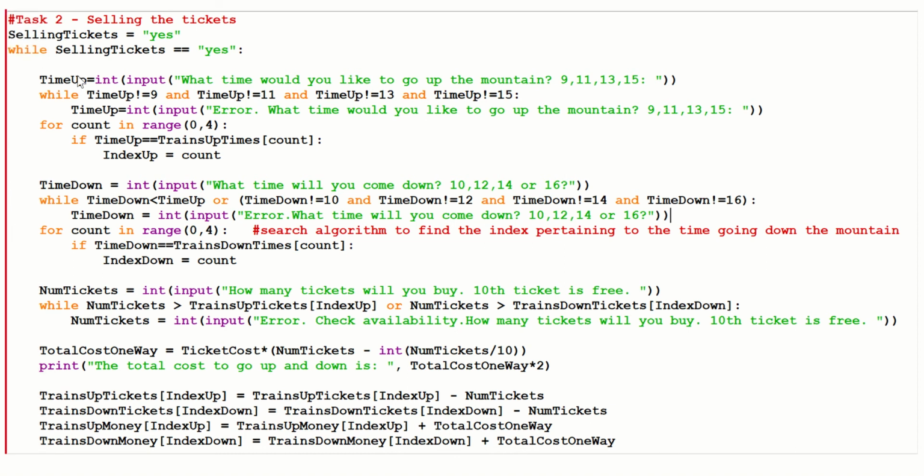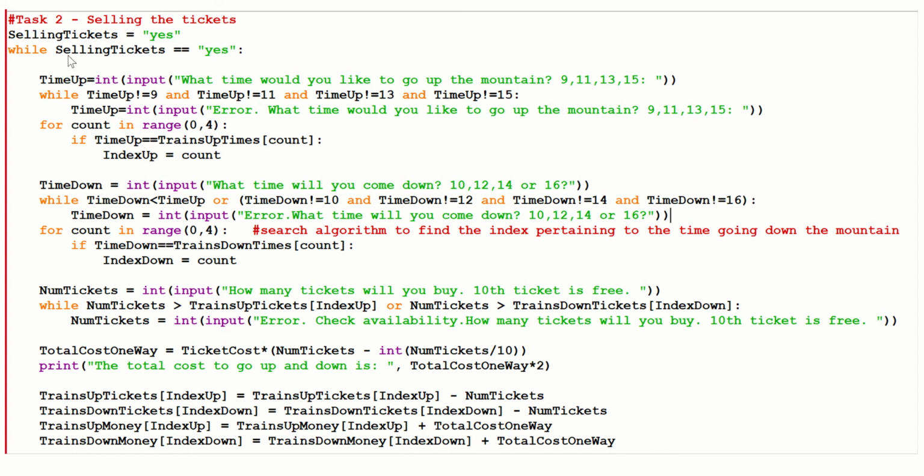Okay, so time up equals integer input. We have to put a number inside. Input 9, 11, 13, or 15. Those are the going up times of the trains. If the number input isn't equal to 11, 13, 15 or 9, then we would say error, do it again, and keep on doing it.